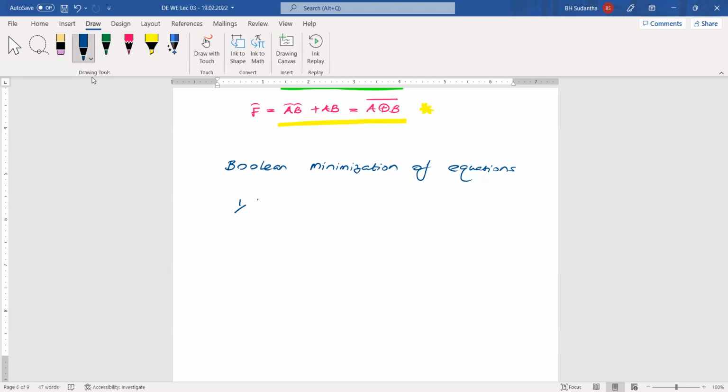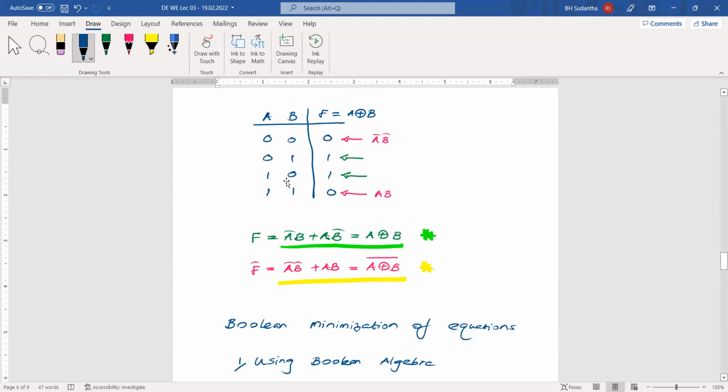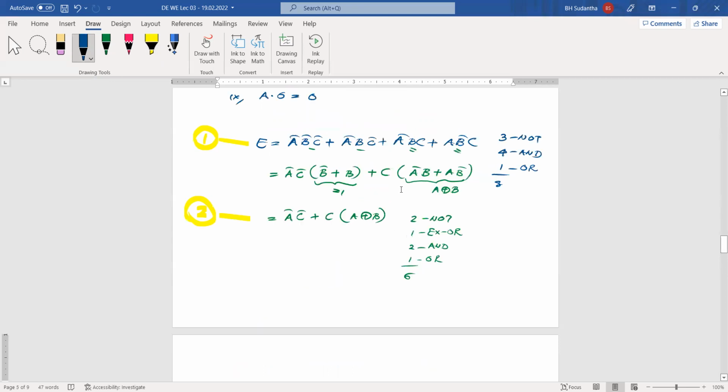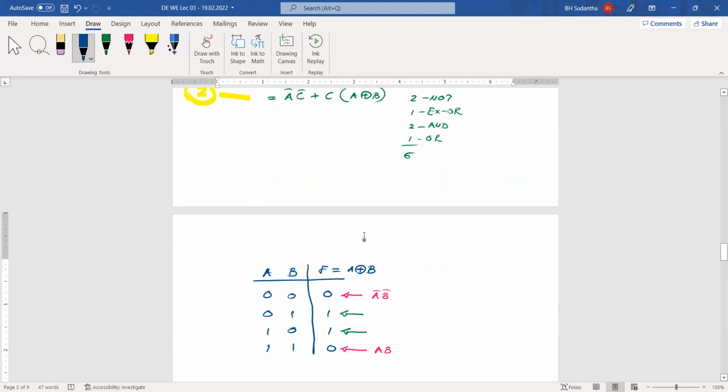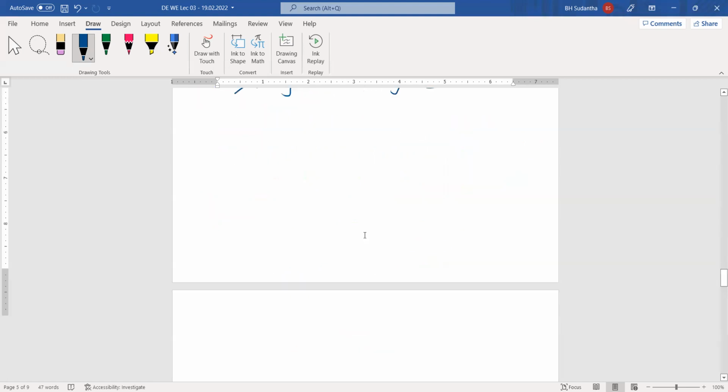One is using Boolean algebraic methods. Using Boolean algebra, we can minimize equations. That's what we have done here. We have rearranged this one using Boolean algebra. What is Boolean algebra? Those theorems and laws we have learned. That is the first method.